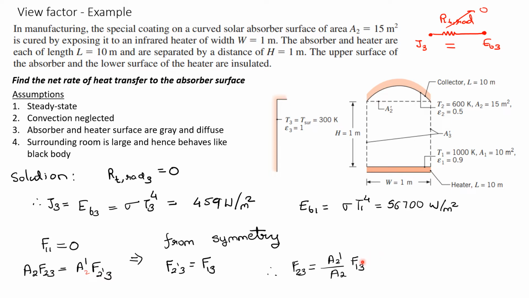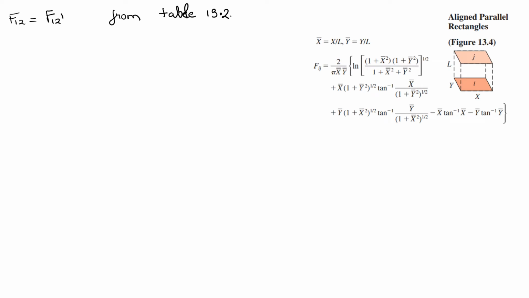Okay, so let's see how we can calculate F13. And F13 is radiation emitted by 1 and intercepted by 3. That's the entire room. Okay, so we also know that F12 is equal to F12 prime. It's similar to the thing that we did in the previous slide.